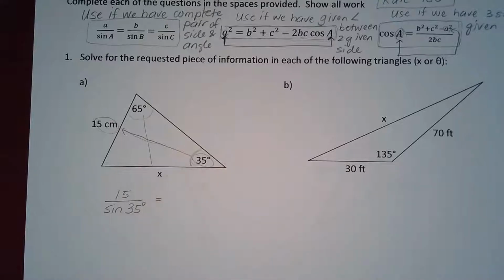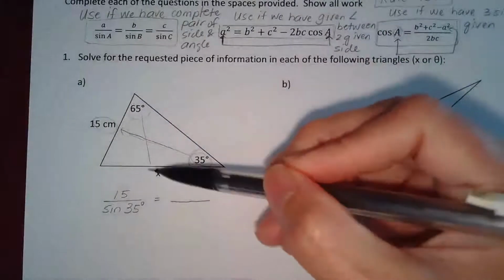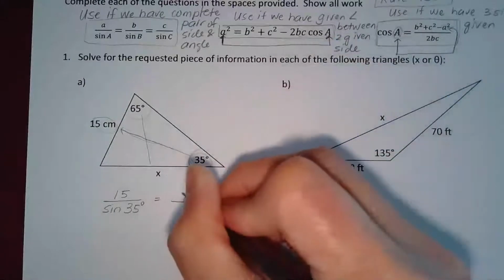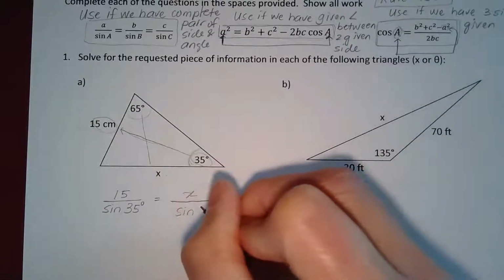Make sure it's sine of the angle. Now here, this is somewhat complete, only one thing is missing. So start with the side and then divide by the sine of the angle, sine of 65.